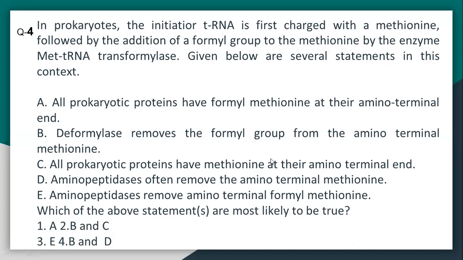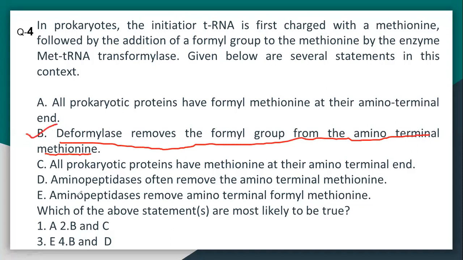Two enzymes are involved: deformylase and aminopeptidase. These two enzymes are very important. Deformylase removes the formyl group from the amino terminal methionine.